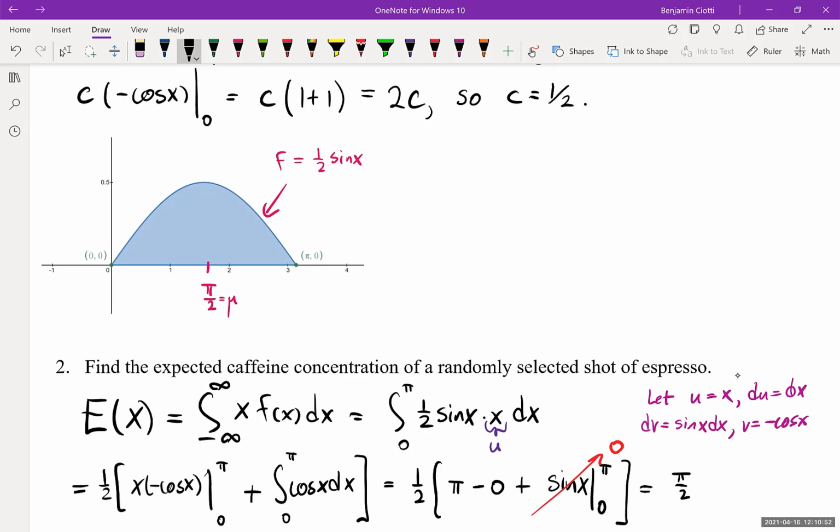Symmetric. Good. Yes. So note that the distribution here is symmetric. What's another word that describes it? It is a continuous distribution, sure.